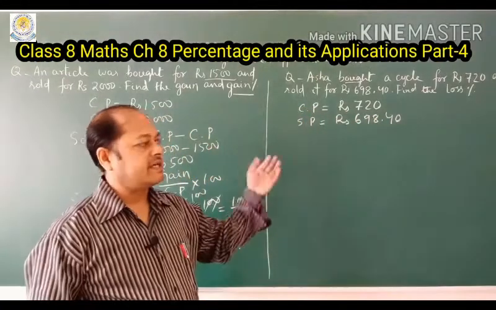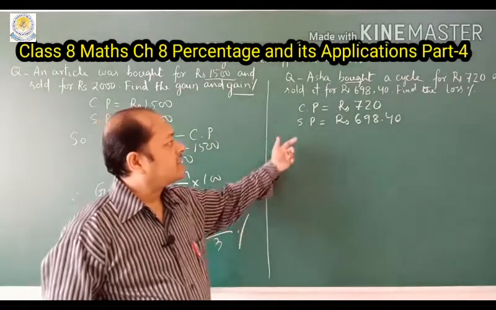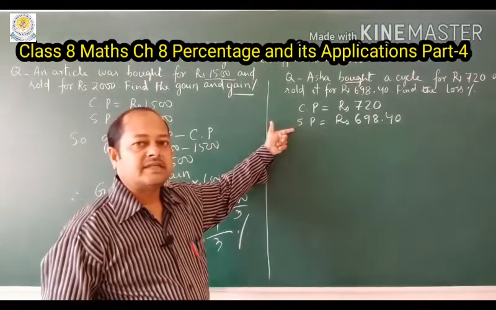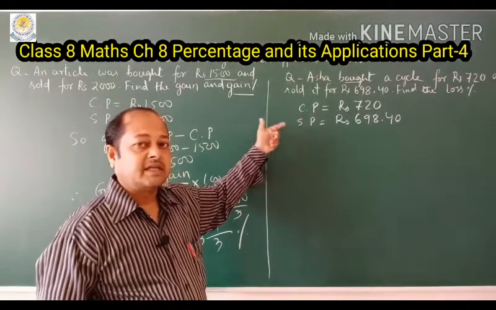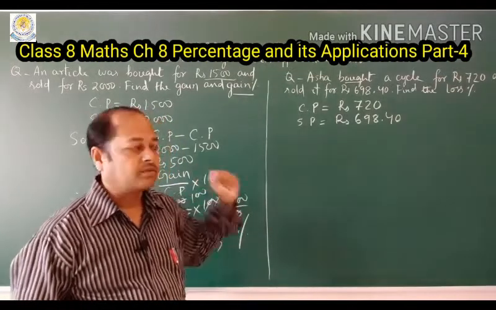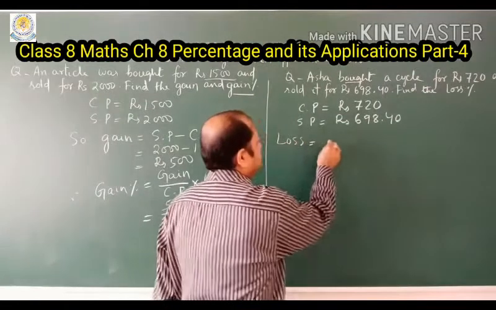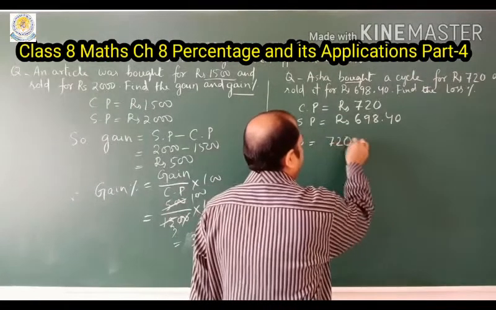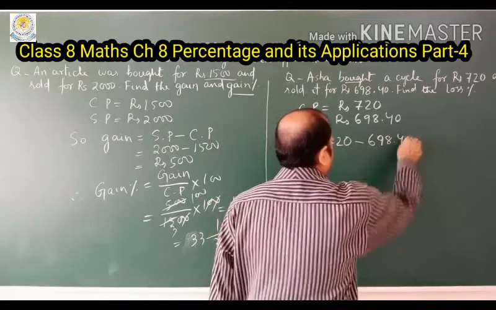Here it is already given as loss percentage, meaning loss is already there, because here the cost price is more than the selling price. Whenever the cost price is more than the selling price, it is a case of loss. So what is loss? Loss equal to 720 minus 698 rupees 40 paisa.